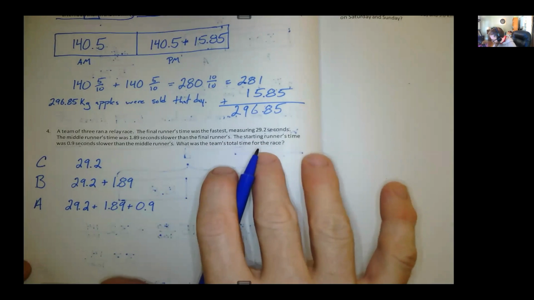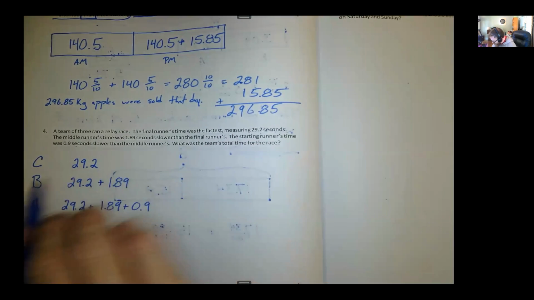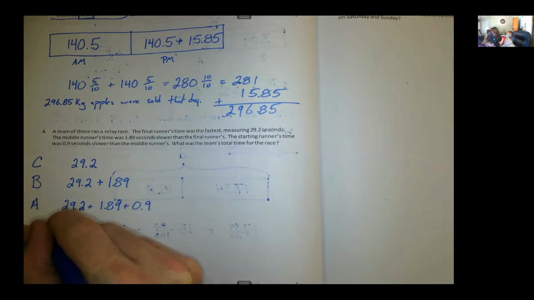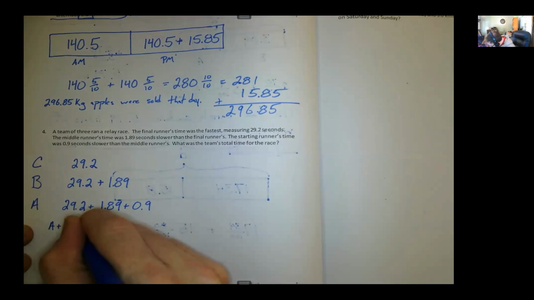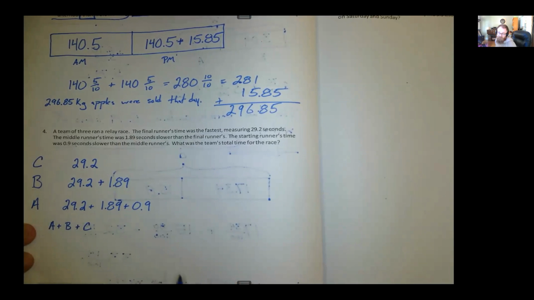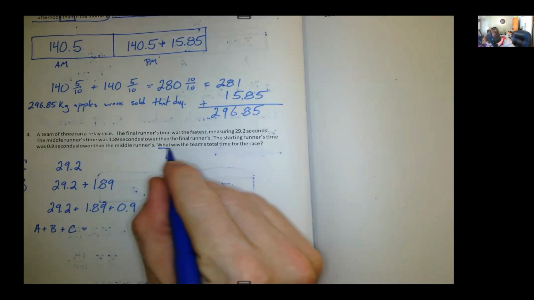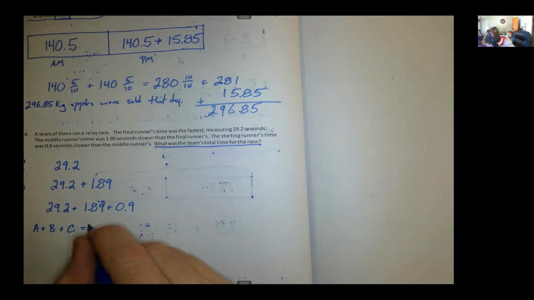What was the team's total time for the race? So we need to find these three values, A, B, and C. Then we need to add them together, A plus B plus C, in order to find the total time. We'll say T for time.